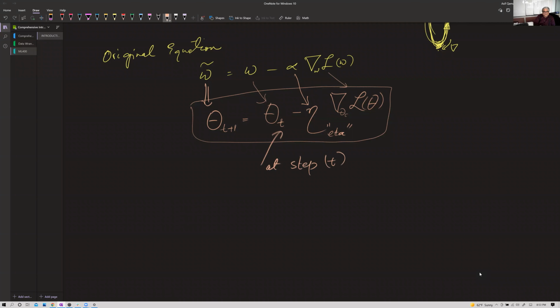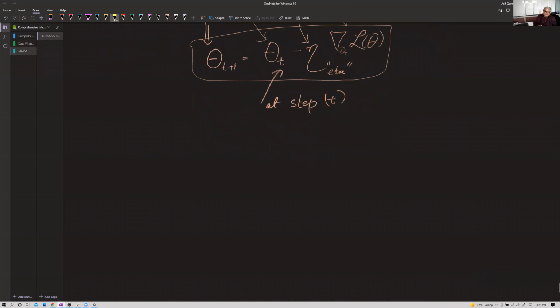Now, what is a step? Remember, our two main loops were: for epoch i in epochs, let's say epochs is equal to, pick a number, 100.